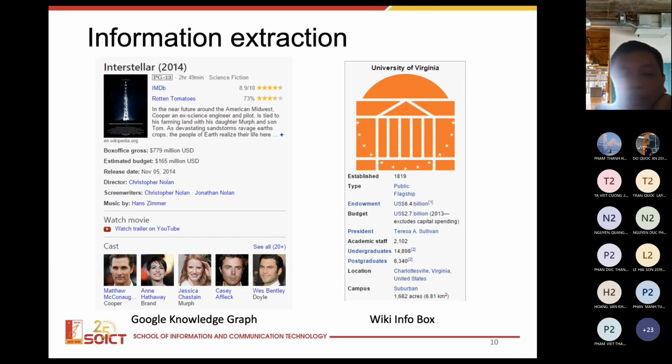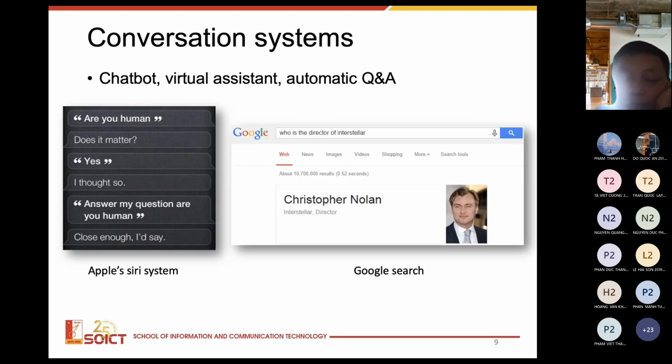The document could be the information about the movie on Wikipedia, on the internet, in document form, and the information extraction focuses on extracting the key information in the document and then building the knowledge structure. From that knowledge structure, it will enable the search engine to answer the question precisely, as in the example we have here.